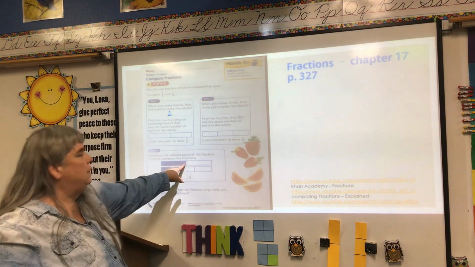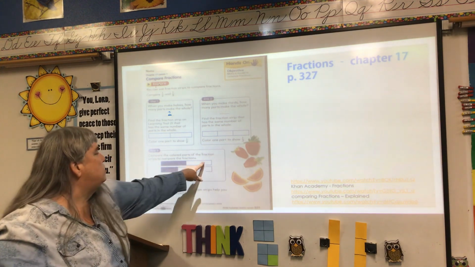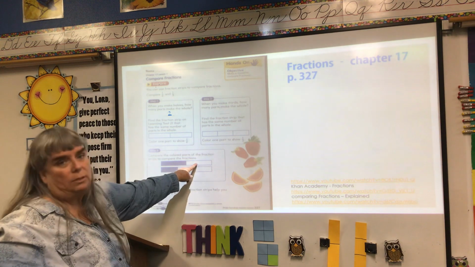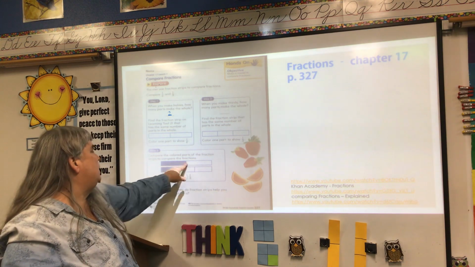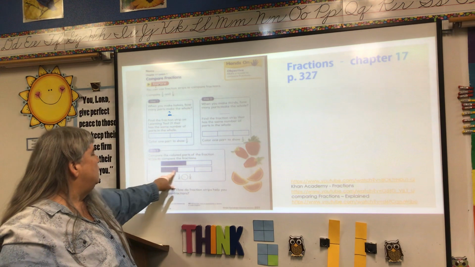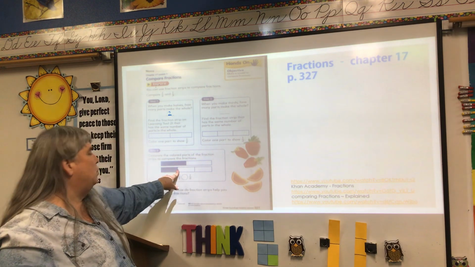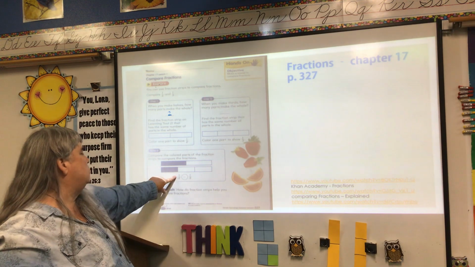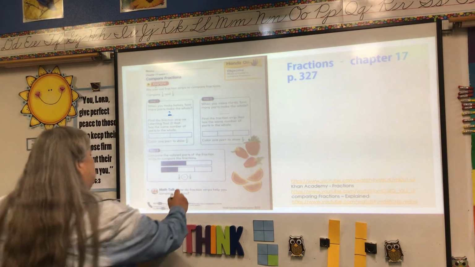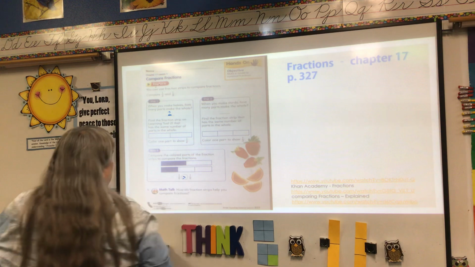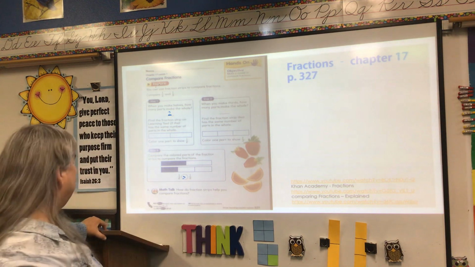So this top one is 1/2. Notice it's one strip divided into two sections, and this half right here is shaded. To this one, which is the same size strip, but only 1/3 is shaded. So the answer is 1/2, as we said a moment ago, is larger than 1/3.